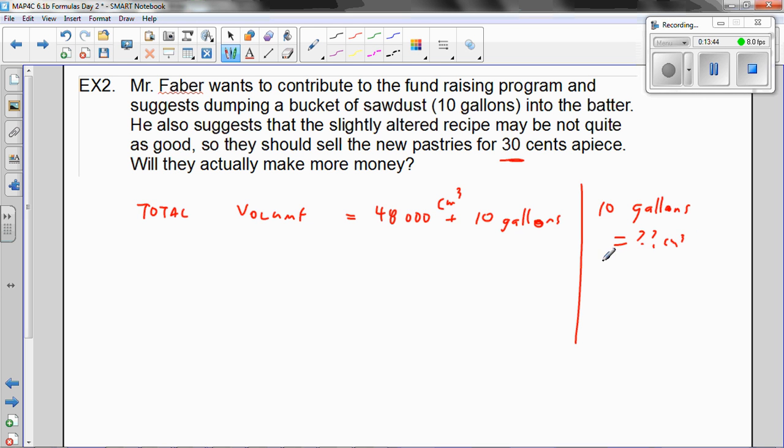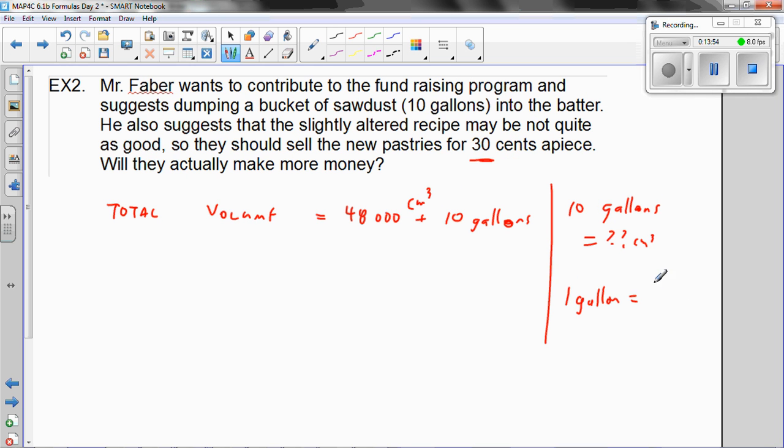Well, how do we do this? Look it up in the back of your book. In the back of your book, there's a whole bunch of conversion factors. 1 gallon is, in the back of the book, 4,546.1 centimeters cubed.